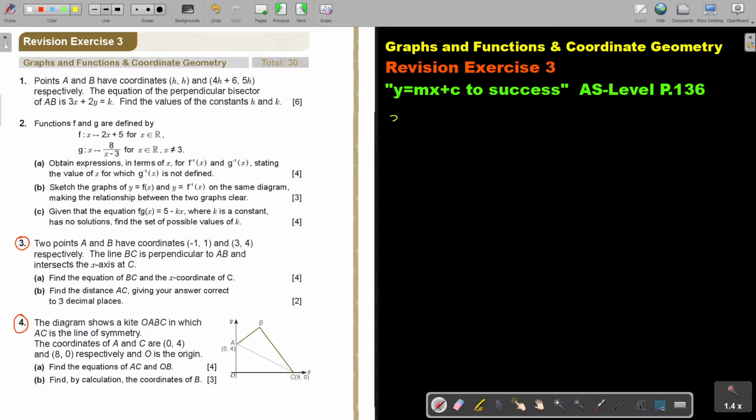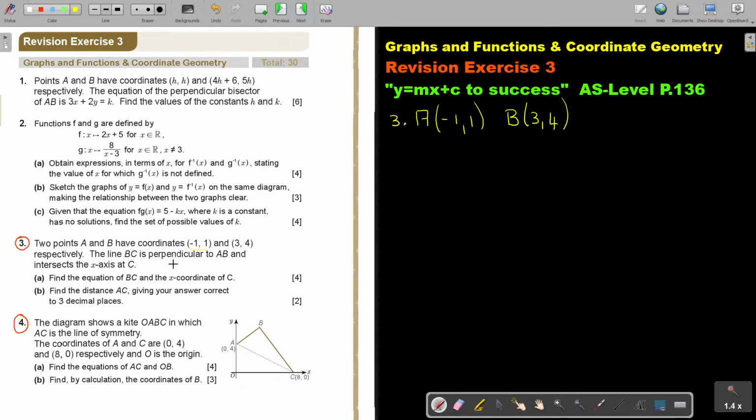Let's start. Number 3. The 2 points A and B have coordinates (-1, 1) and (3, 4) respectively, meaning that A is (-1, 1) and B is (3, 4). The line BC is perpendicular to AB.